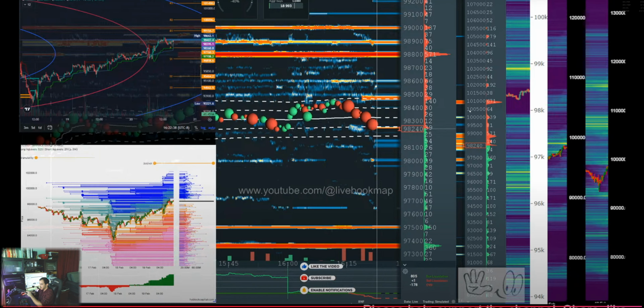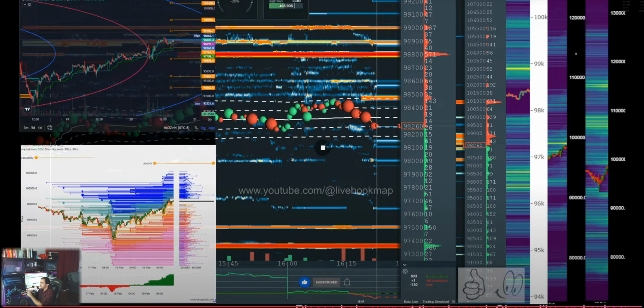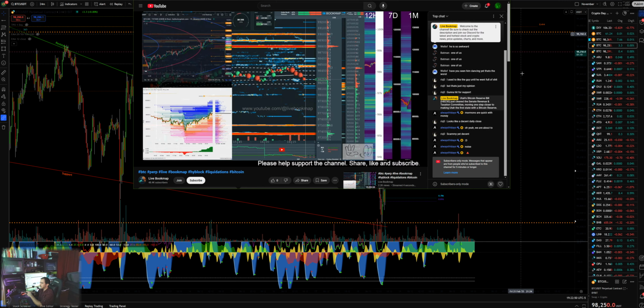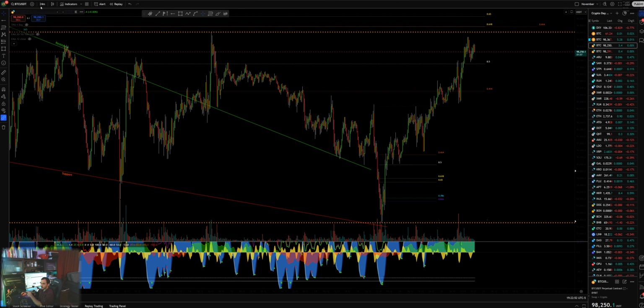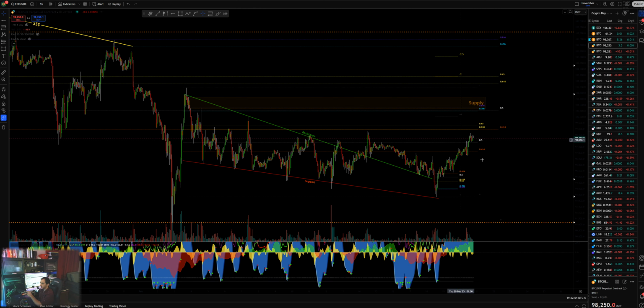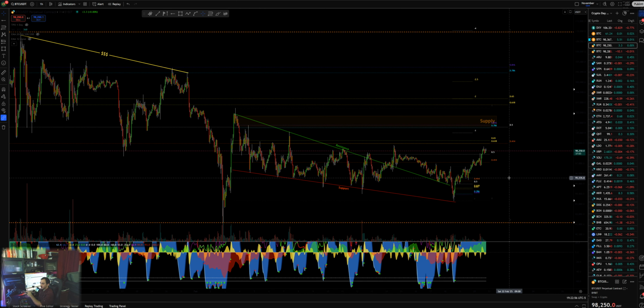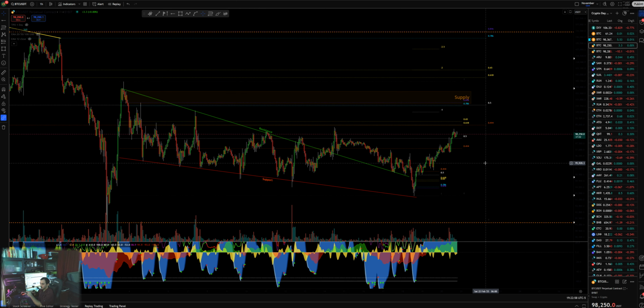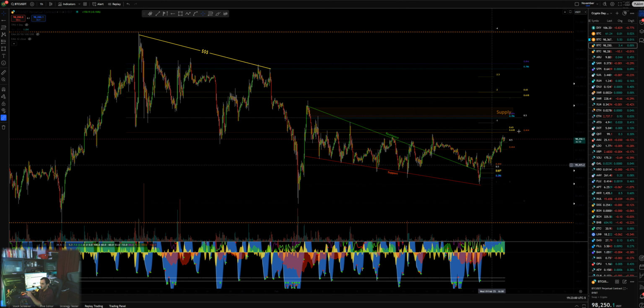So like, we know we're attacking higher, right? So watch these lower levels to build your long positions and to find opportunities. There's not much else to be said besides that. I'm not looking for shorts. I'm not looking for shorts right now. I want to see what happens at this 618 level, the 99,000.